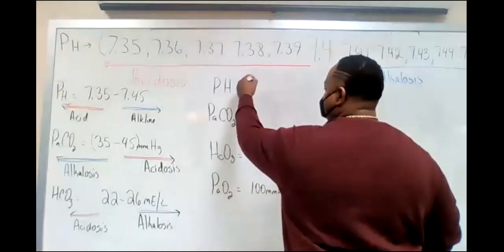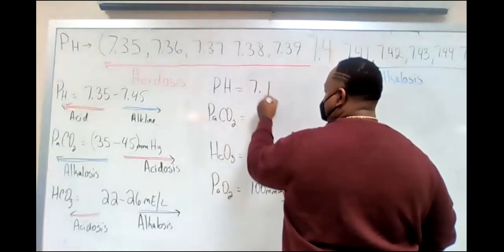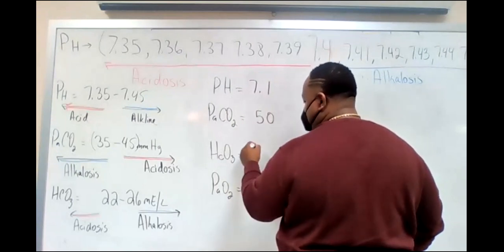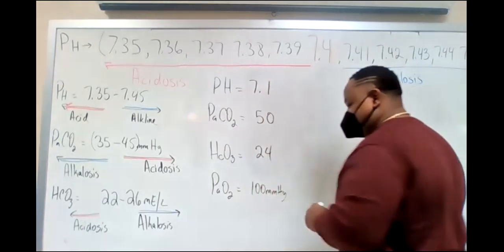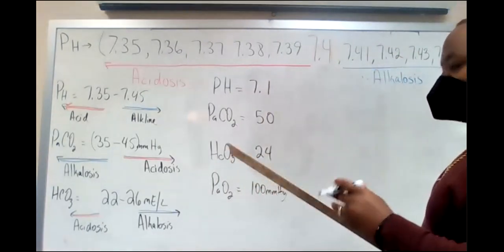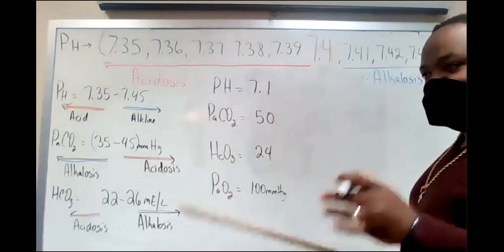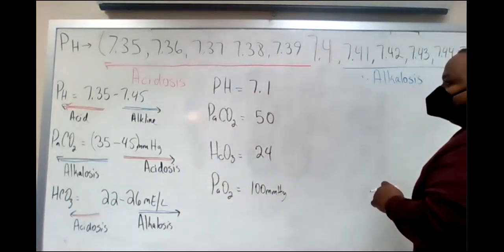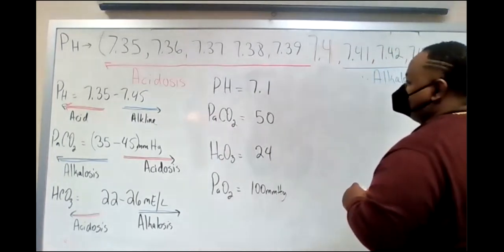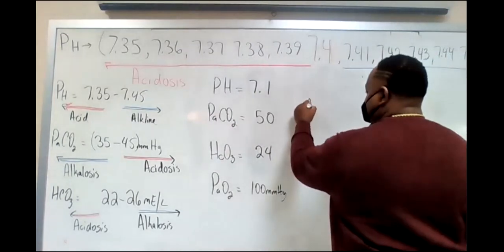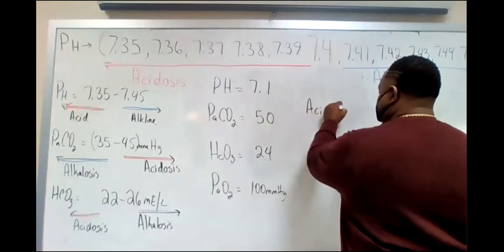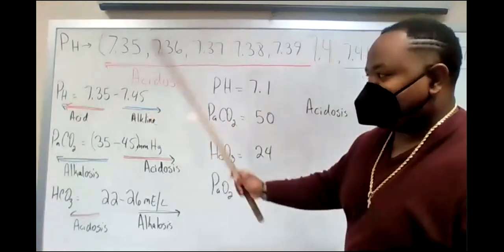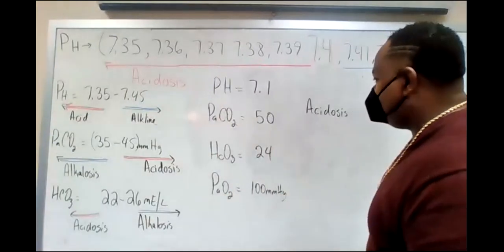If I have a pH of 7.1, a CO2 of 50, and a bicarb of 24, Jasmine, what's going on? First things first, check pH first. What is pH doing? Acidosis. Okay, so we're in an acidosis. Right, good. pH is 7.35 to 7.45. Anything less than that is acidosis.